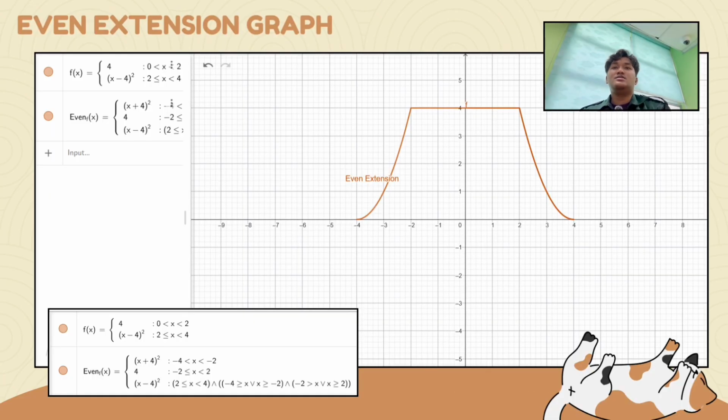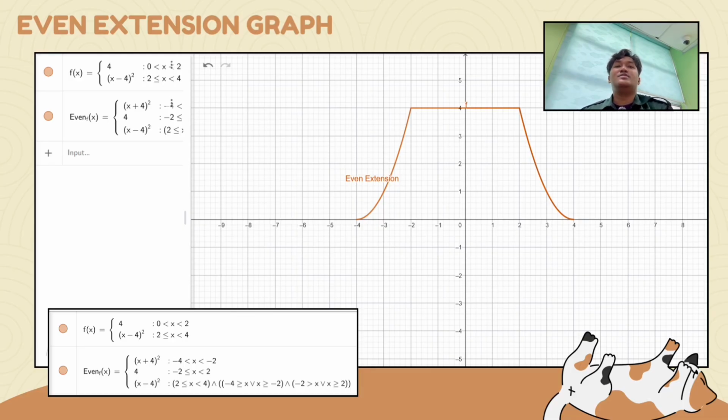Next, the even extension graph. To expand a function into a cosine series, the function must be extended as an even function over the interval given before in the question, which is -4 to 4. Even functions are symmetric with respect to the y-axis, as defined by f(-x) = f(x).